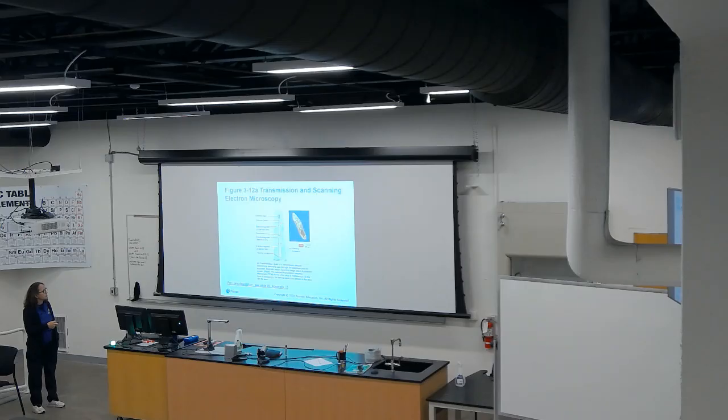So here we have a transmission electron microscope. You have an electron gun here that will send the electrons through a condenser lens. And then here you have your specimen on a grid of metal. This specimen is going to be bombarded with these electrons.